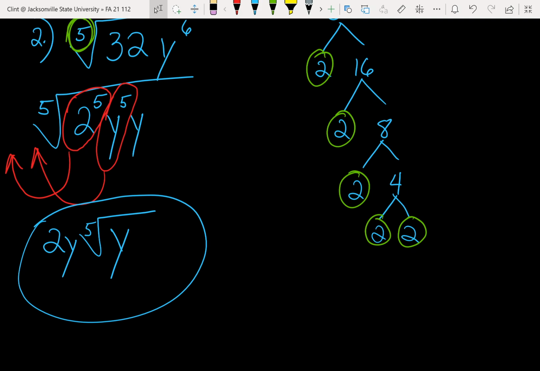Several ways you can think about that, though. Other questions on that one? Whatever the index is, you have to have that many of some factor in order to bring 1 out front.